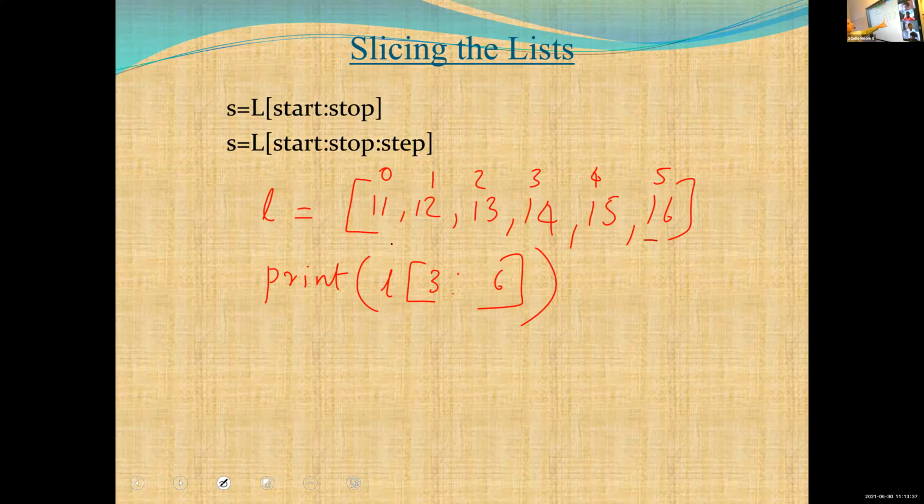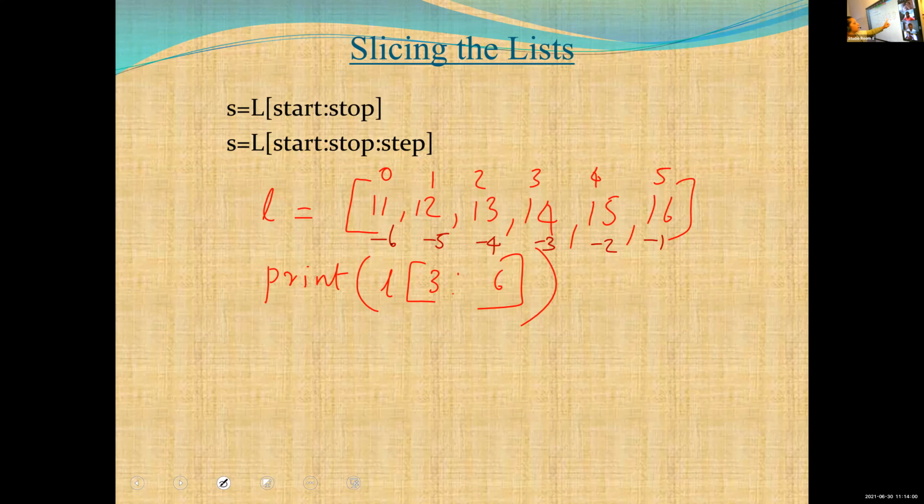There are two indexing methods just like string, forward indexing and backward indexing. Forward indexing starts from 0 to n-1. n-1 means number of values minus 1. Here we have 6 values, so the last index is 6 minus 1, which is 5.